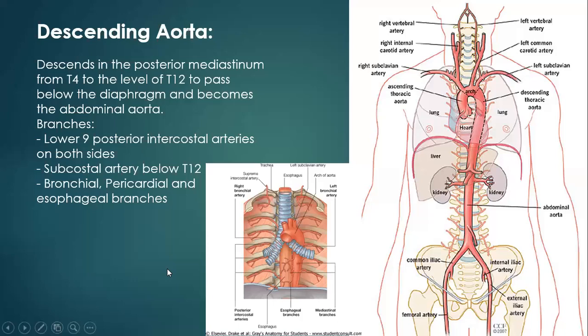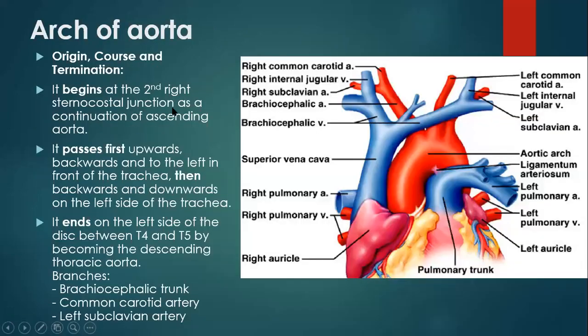Now coming to the descending aorta. Okay, so this is the descending thoracic aorta. This descending thoracic aorta is present in the posterior mediastinum and descends downwards from the T4 level, where the arch of aorta ends, at the T4-T5 junction.